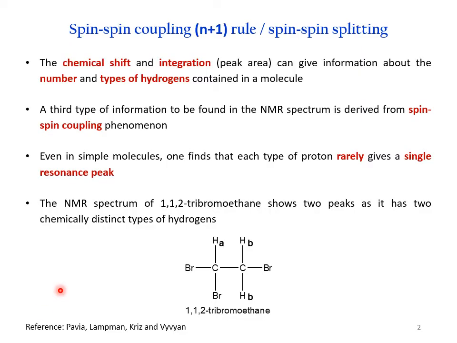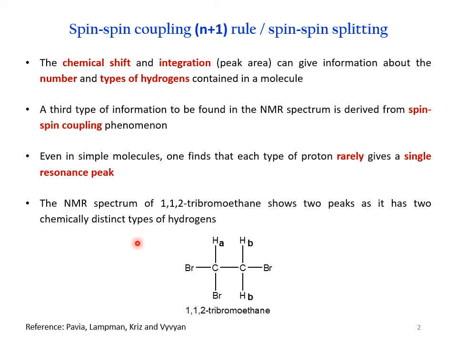In the previous session we studied nuclear shielding and de-shielding effects, which are related to the different chemical shift values for each type of proton in an organic molecule. As per our studies so far, we have come across two fundamental applications of proton NMR spectroscopy.